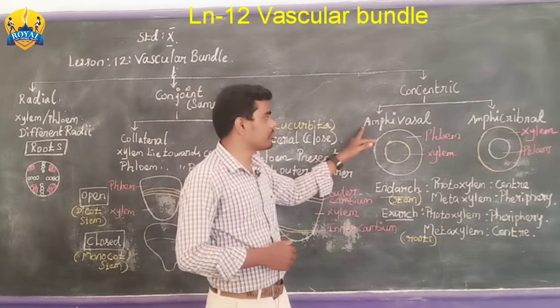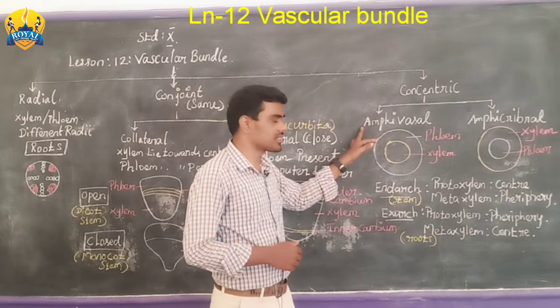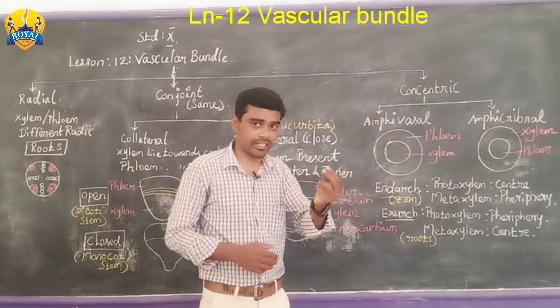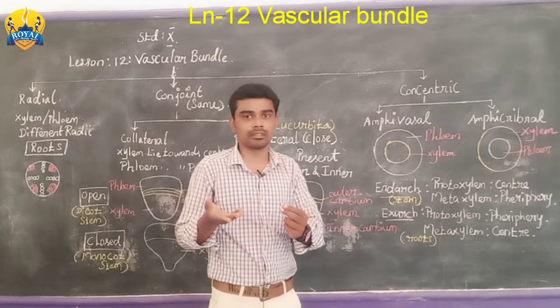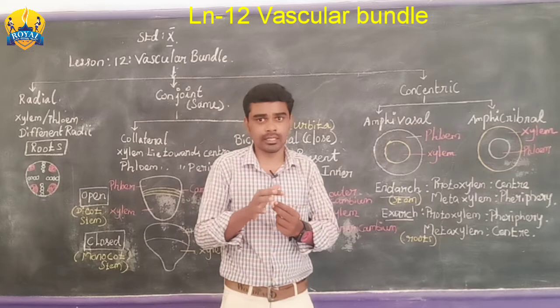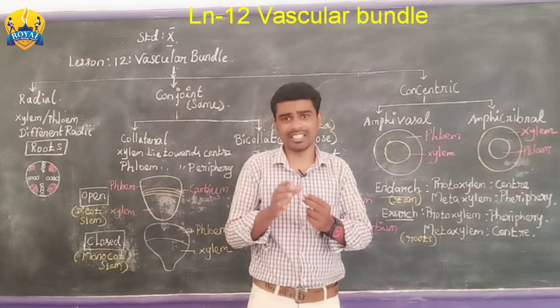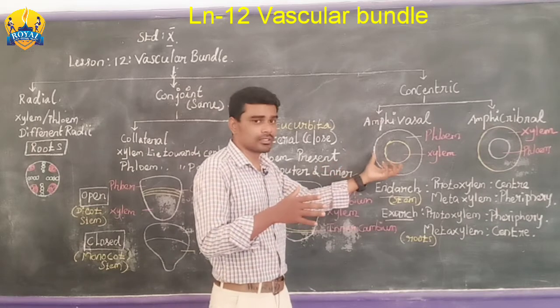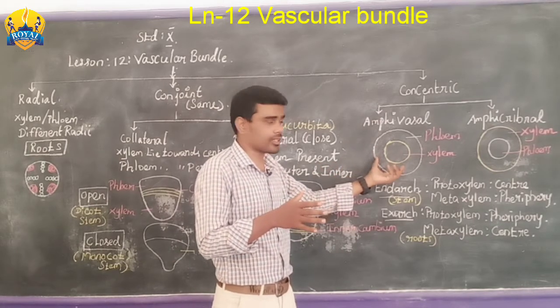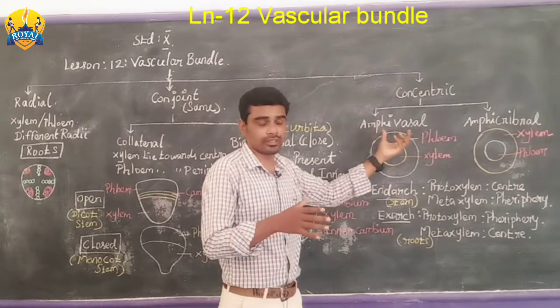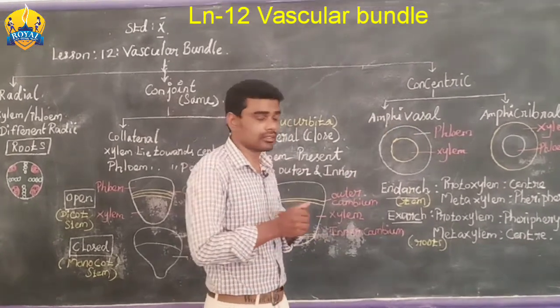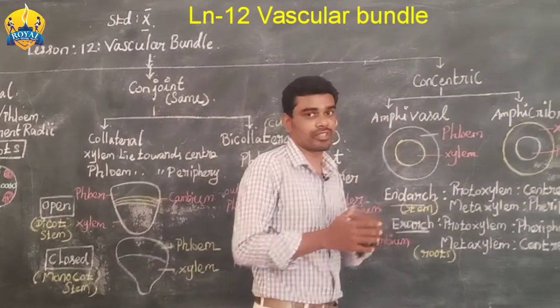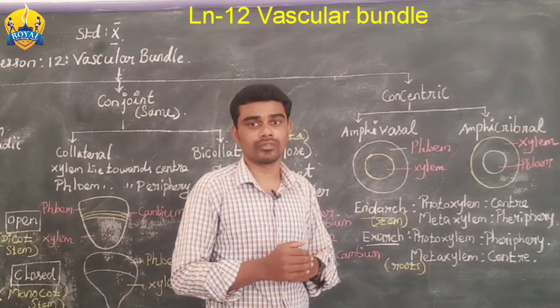Amphivasal in the sense that when we take a carrot and slice it, the inner circle, we know very well, is xylem, and the outer circle is known as phloem. So a wonderful example of amphivasal is the carrot.